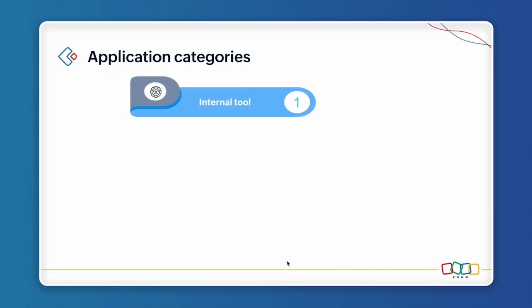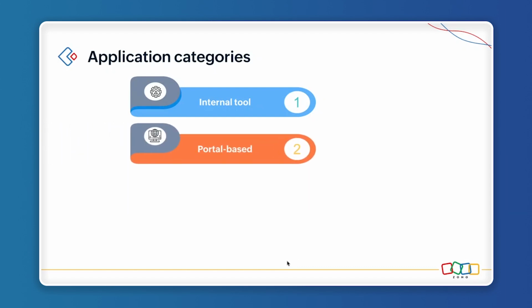The first one is the internal tool. If I'm trying to build an application for internal purposes, for example, a task manager or project management tool which will be used within a team or within an organization, these types of applications come under the category internal tool. And second is the portal-based application.